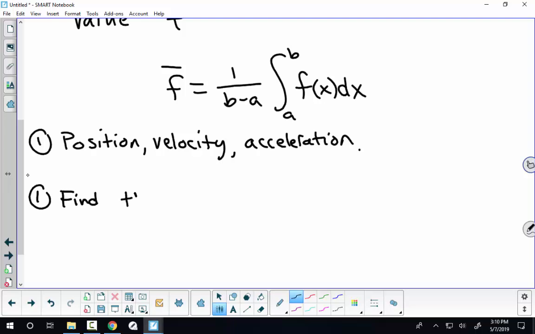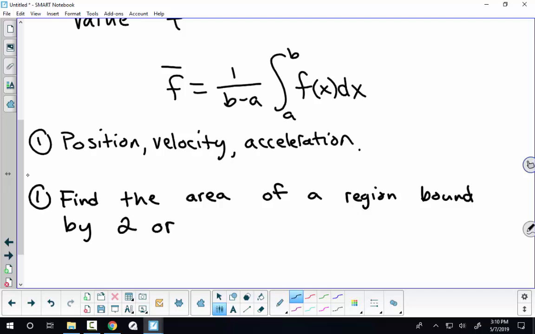Find the area of a region bound by 2 or more functions. That's from 6.2.